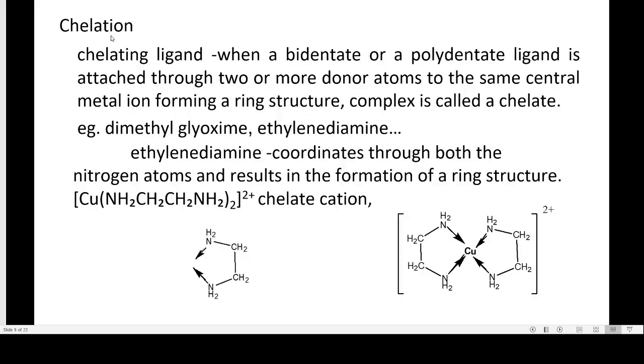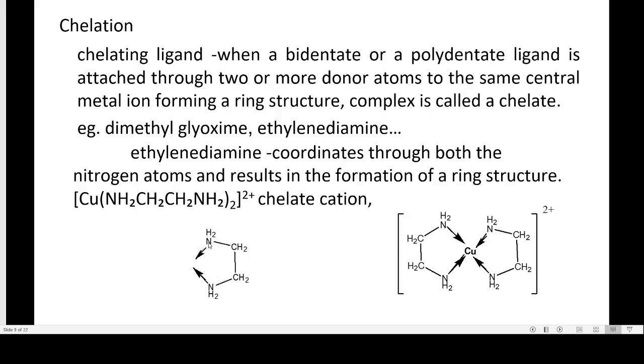Coming to chelation, which includes chelating ligands and chelates. When a bidentate or polydentate ligand is attached through 2 or more donor atoms to the same central metal ion, forming a ring structure, the complex is called a chelate. For example, dimethylglyoxime and ethylene diamine are chelating ligands. If you take ethylene diamine as an example, it has 2 donor nitrogen atoms.